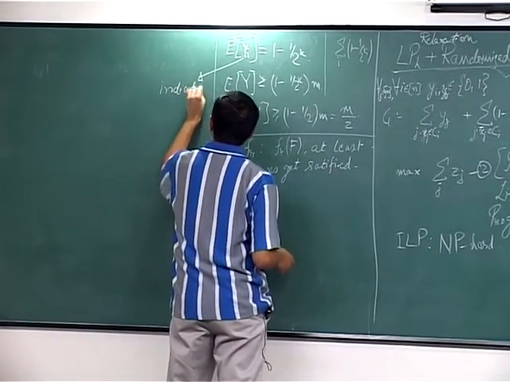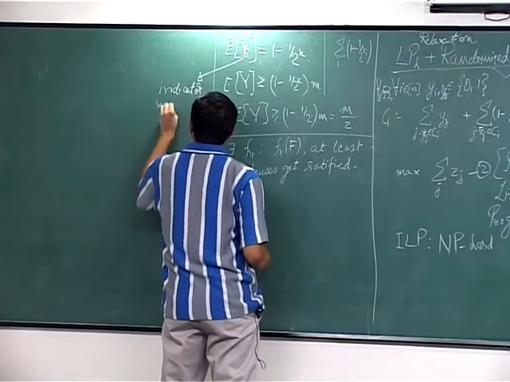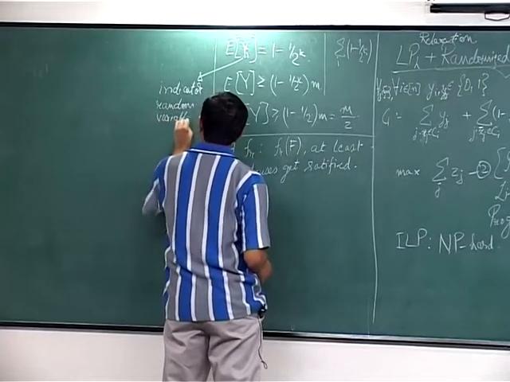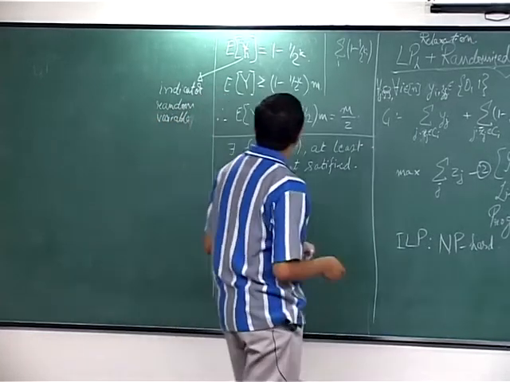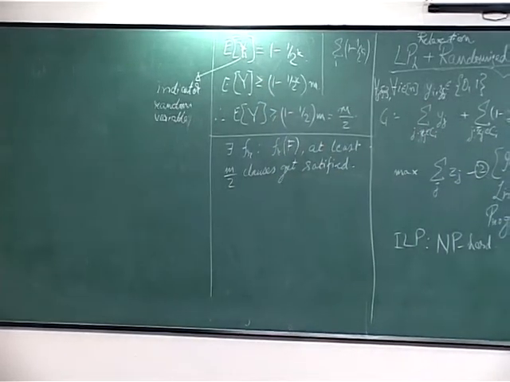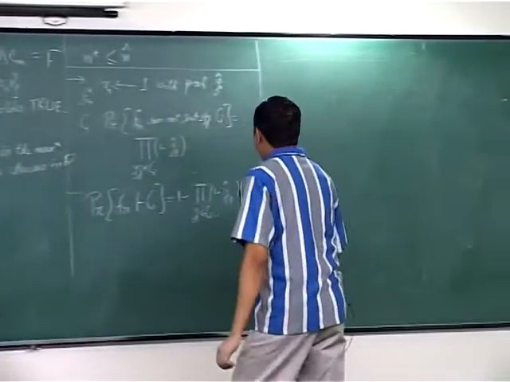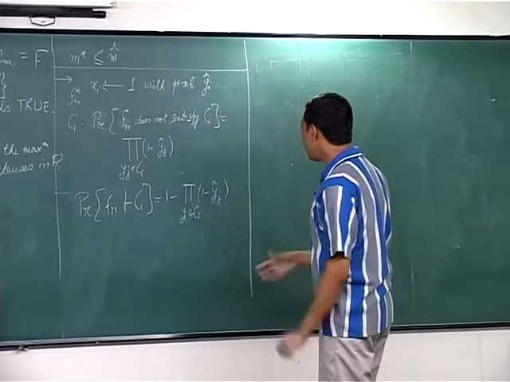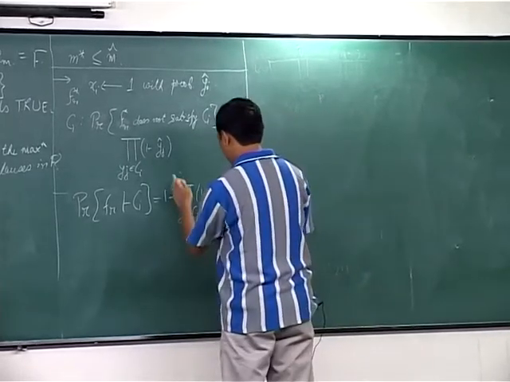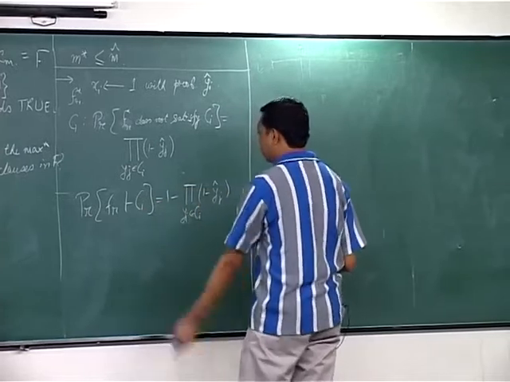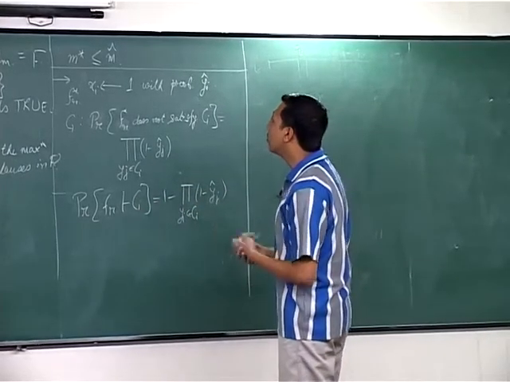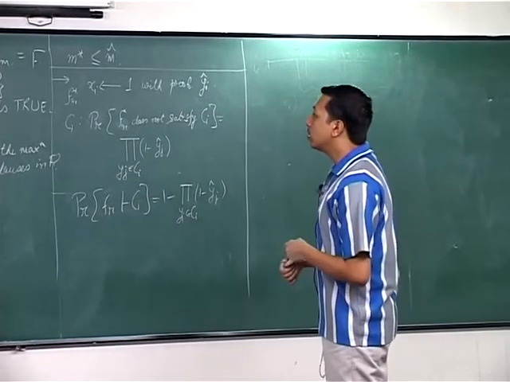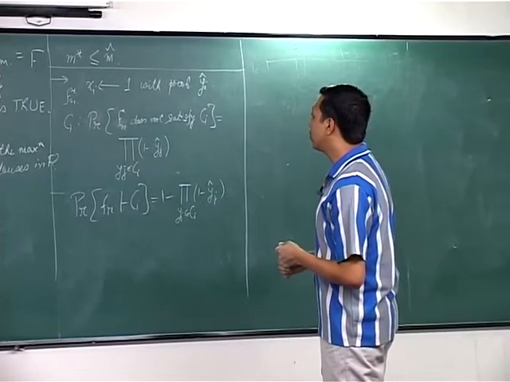So you can again take indicator random variables corresponding to the clauses, and you get the expected number of clauses which are satisfied. That will be something like this, a summation over i going from 1 to m. So you have satisfied a lot of clauses.